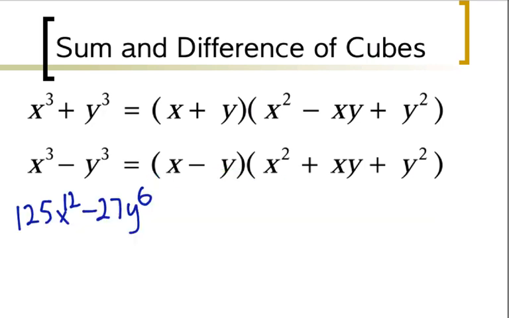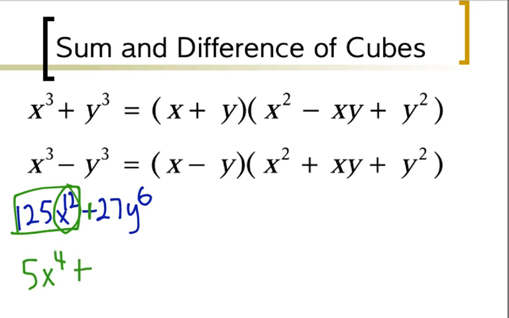Now for my last example, I'm going to do one that seems very complicated at the beginning, but I just need to work through it. In fact, let's make this a sum problem because I've done two different ones. I got 125x to the 12th. I need to think through what's the cube root of 125, and that's 5. And then the cube root of x to the 12th really means what's 12 divided by 3, and you get x to the 4th power.